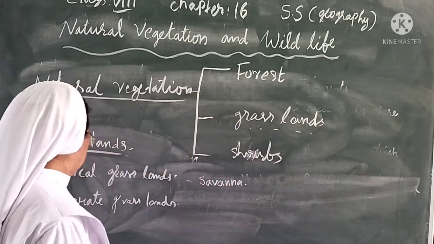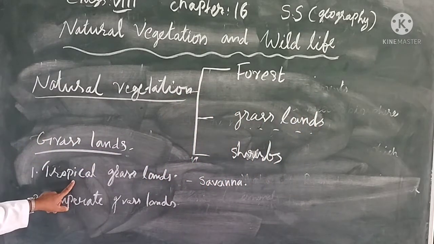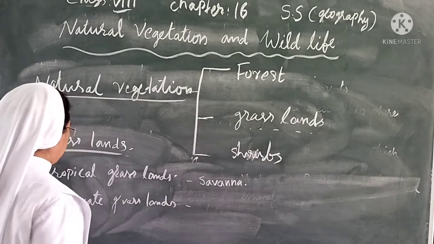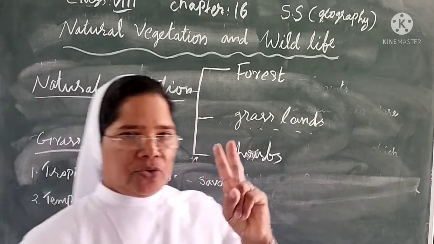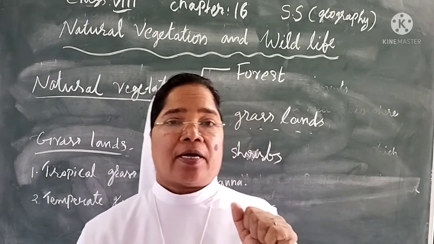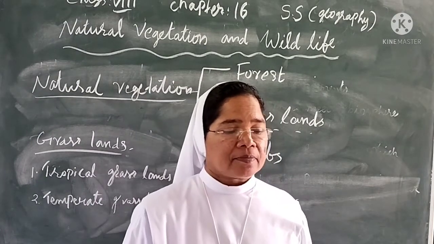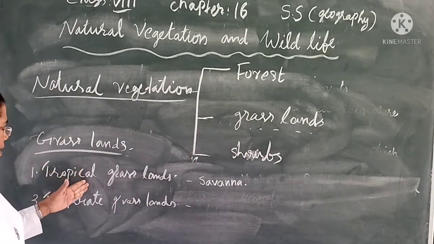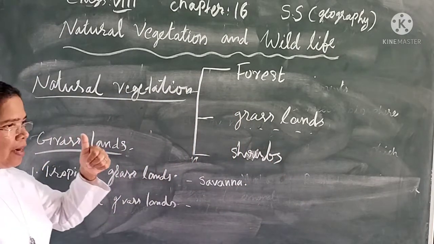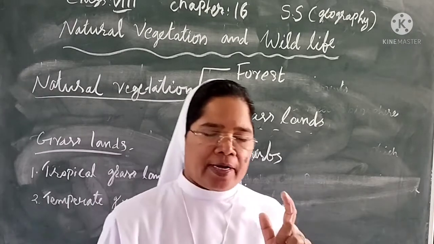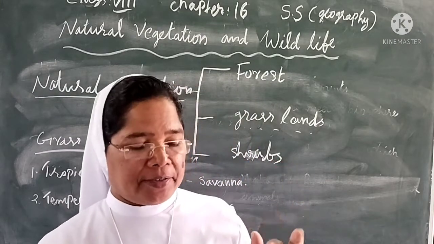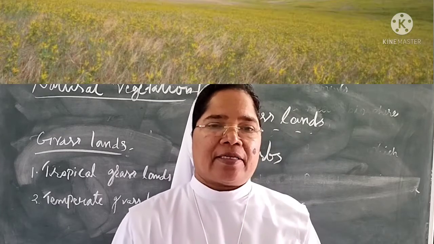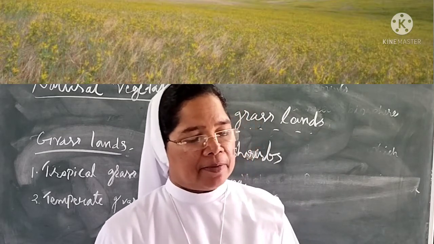Grasslands are divided into two: first the tropical and second the temperate. Don't forget, tropical and temperate. There are two. So now let us study temperate grasslands.